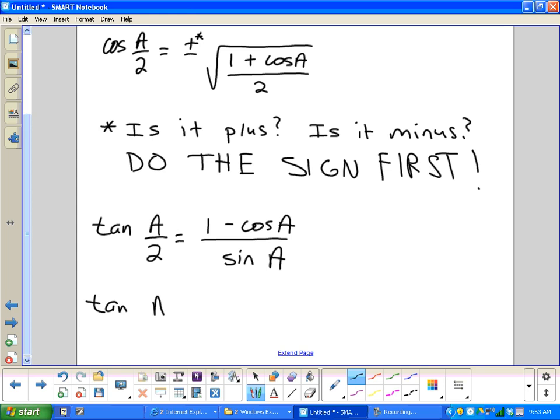It's like the double angle for cosine, where there are 3 formulas and it doesn't matter which one you use. Same thing here, it doesn't really matter which formula you use. This one is sine A over 1 plus cosine A.